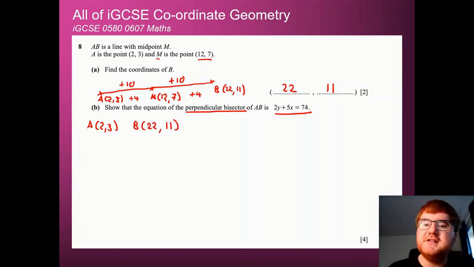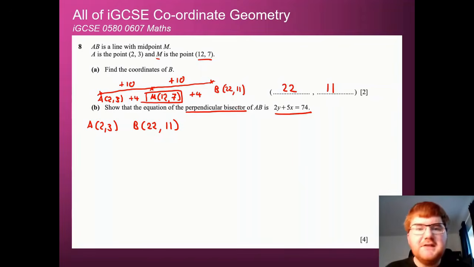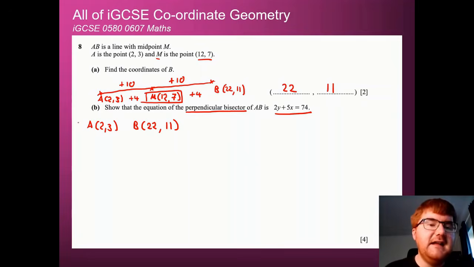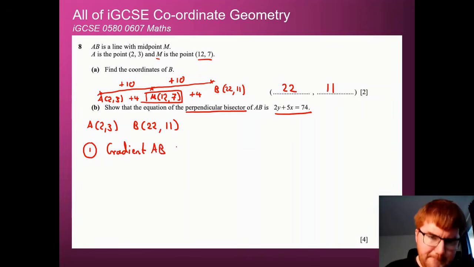So this is what we're focusing on for this particular question. Again, we've got the midpoint, which we'll come back to later on, so keep that in mind. As soon as I see that phrase, perpendicular bisector, there is a 3-4 step procedure which will work it out for you. The first thing that we need to do is work out the gradient, the steepness of AB.